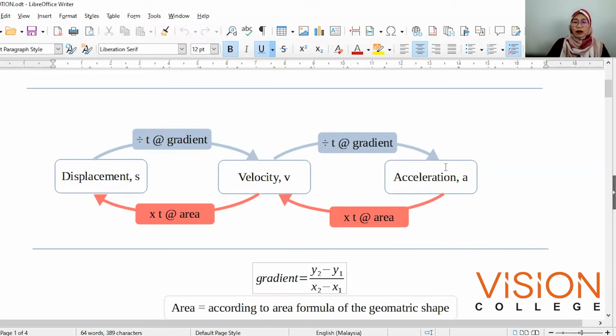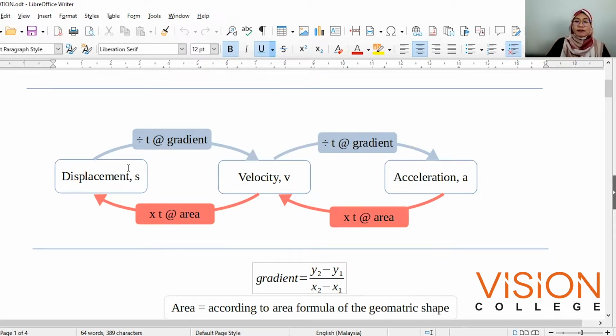The opposite of division is multiplication. So if we have acceleration, we multiply with time, we will get velocity. While velocity, if you multiply with time, we will get displacement. Hence, the three of them are related to each other. Between these three, displacement is the simplest unit, easily said.